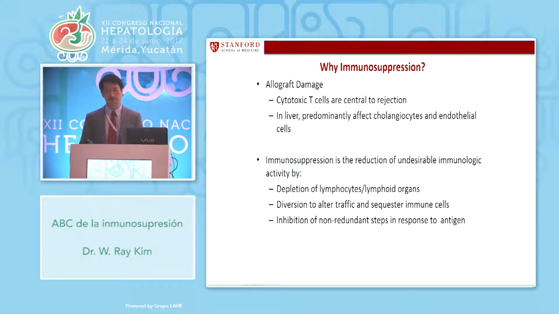In order to prevent the damage, you need immunosuppression, and immunosuppression does depletion of lymphocytes and lymphoid organs, diversion to alter traffic and sequester immune cells, and thirdly, inhibition of non-redundant steps. As we saw in the last picture, there are many steps in the immune interaction, and you want to interrupt that.